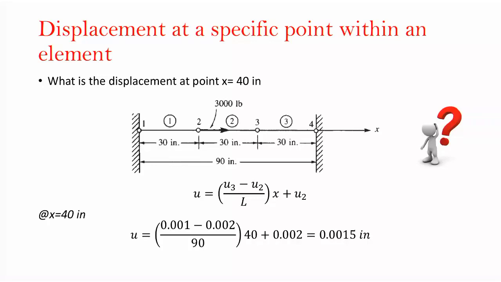X is the absolute coordinate of the point. His question was about the capital L, the denominator of 90. That formula is only for the element. Yeah, that's right. That's totally right. That should be 30. So I'm going to fix that as well.